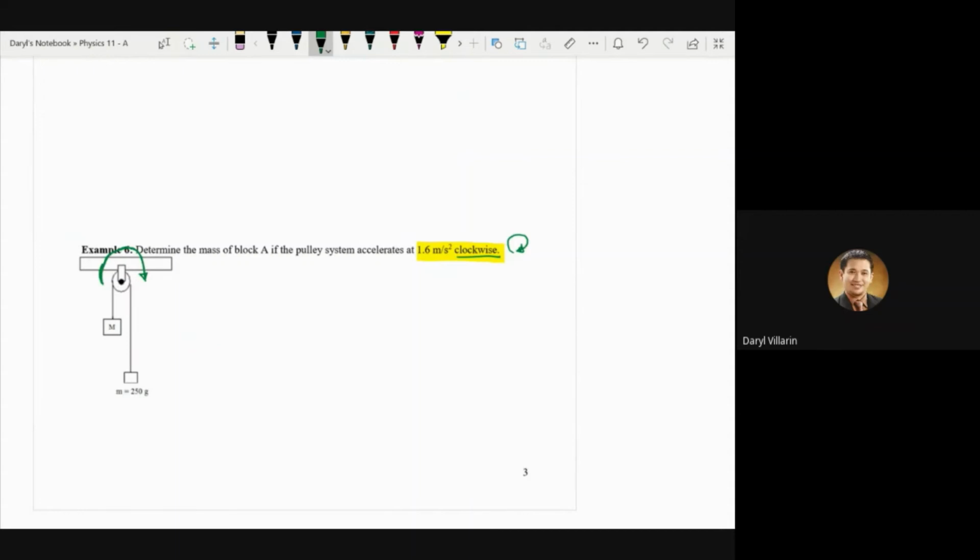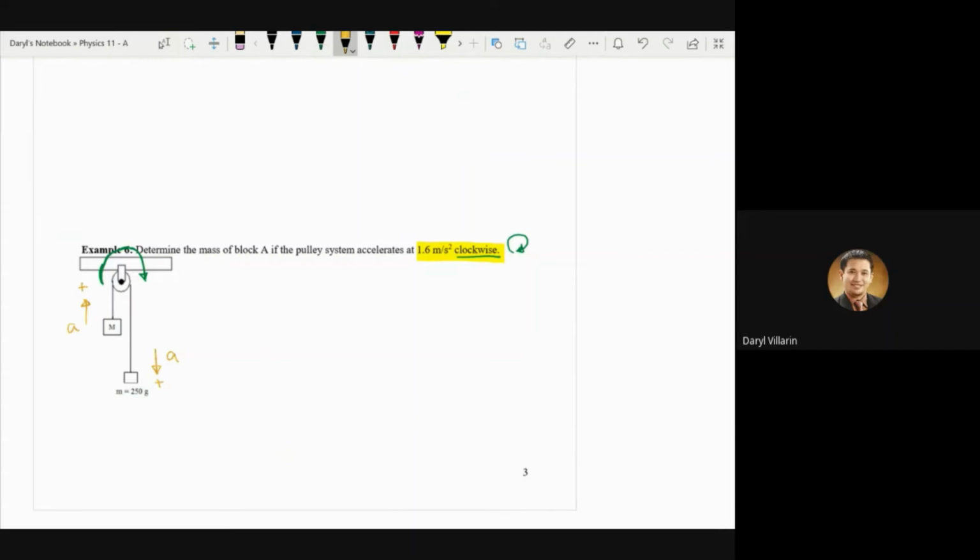Clockwise is in that direction, so the acceleration of your unknown m will be going up. Therefore, I'm going to set that one as positive. And on the other side, this object here would be moving downward, so its acceleration is down. I'm going to take that one as positive too.